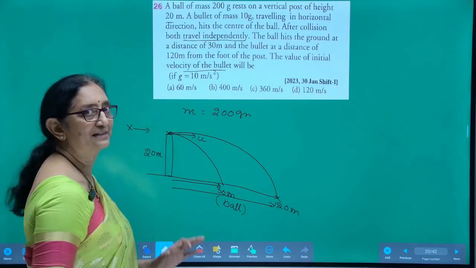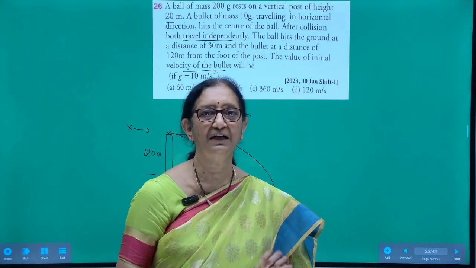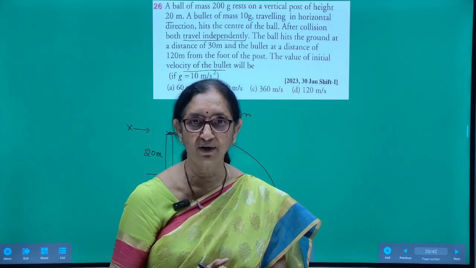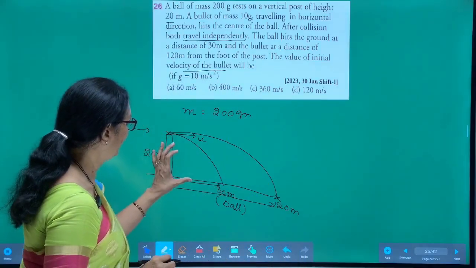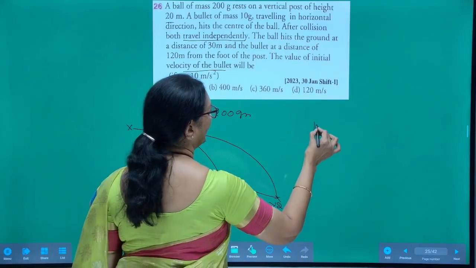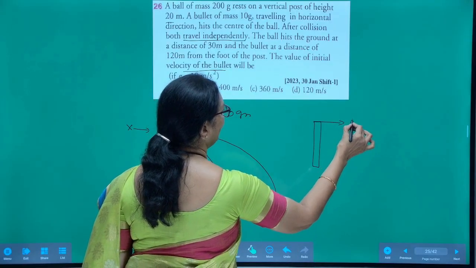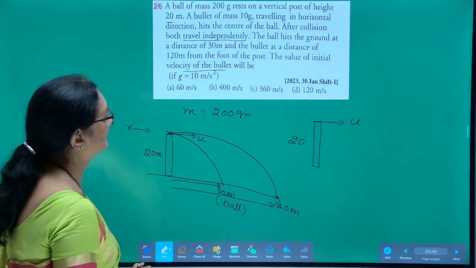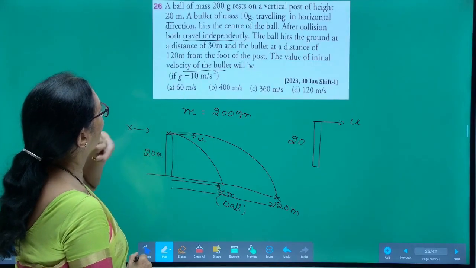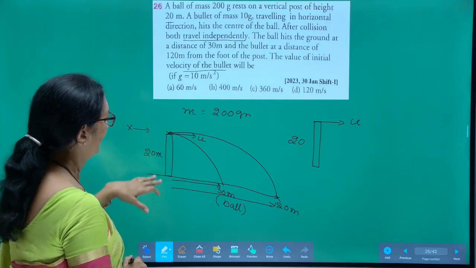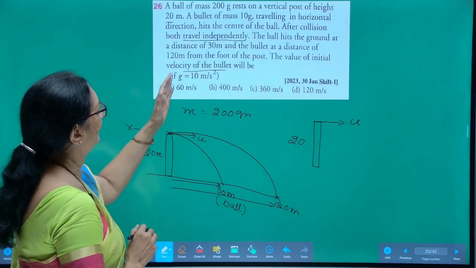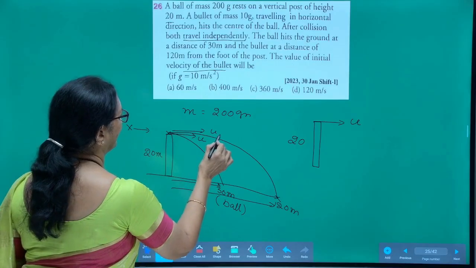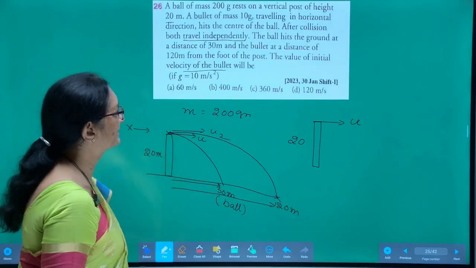See, there is so much data given, but it is a simple problem, just like a body projected horizontally from the top of the tower. If you look at the bullet alone, bullet is given an initial velocity when it is at the top of the tower. The ball is given some other initial velocity, different from this. What is asked?